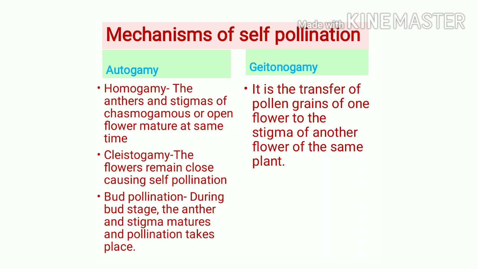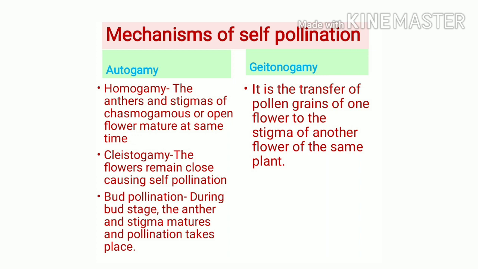An open flower is called a chasmogamous flower. Here the anthers and the stigmas mature at the same time, and the flower is pollinated after its opening, and such a flower undergoes homogamy.